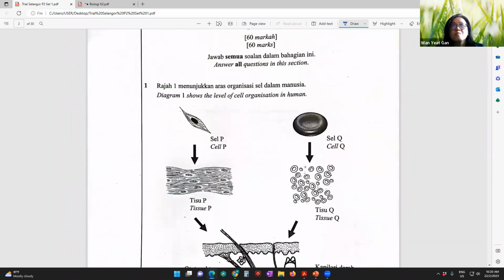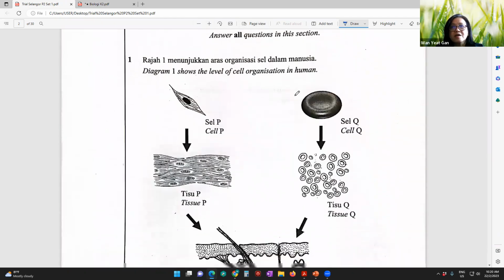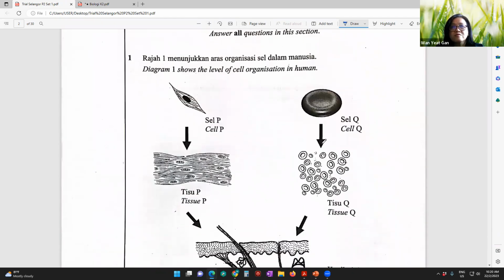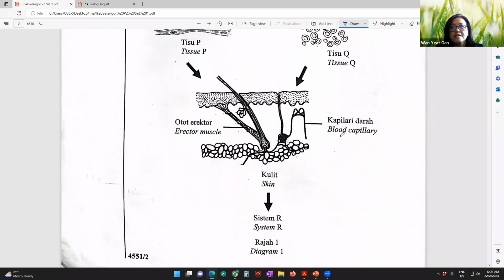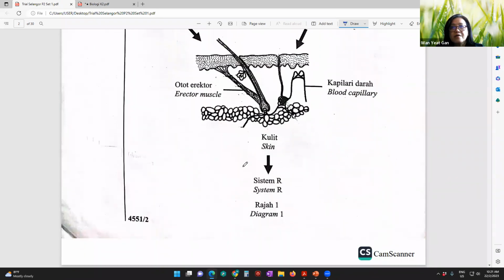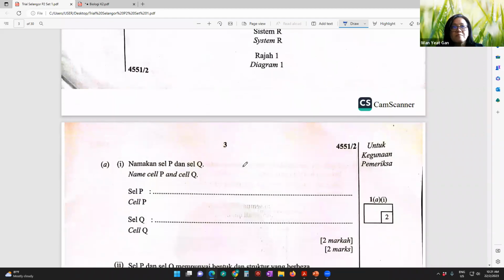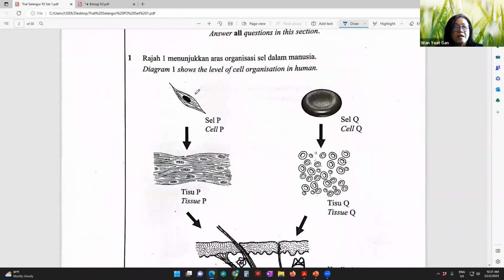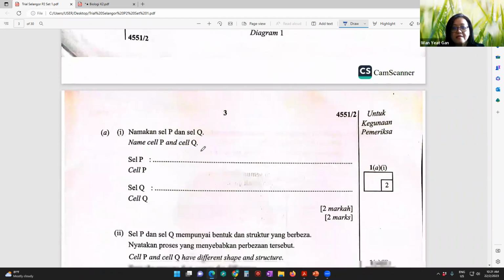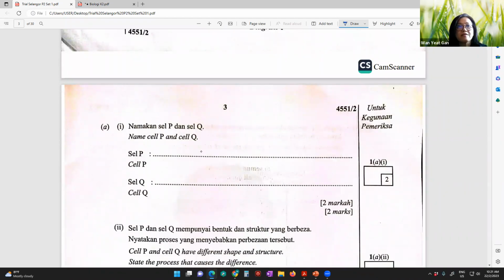Now, diagram 1 shows the level of cell organization in human. So you have cell P, cell Q, tissue P, tissue Q, the skin, and then system R. Name cell P and cell Q. So here, you can see that cell P is smooth muscle cell, yeah?